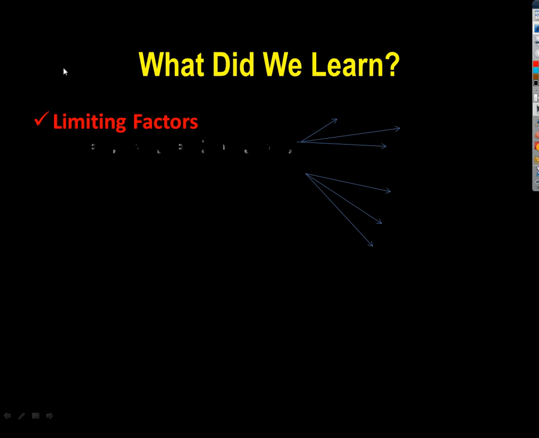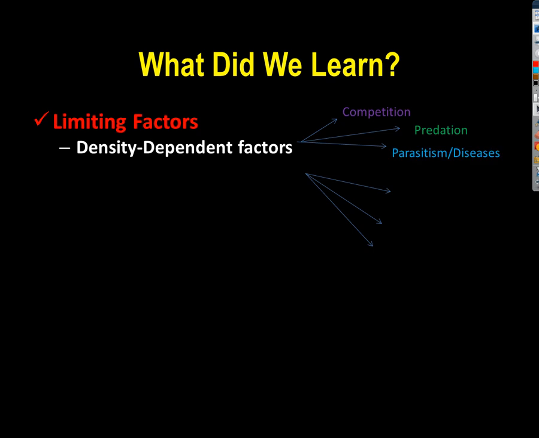So limiting factors could be either density dependent, like competition, predation, predator-prey relationships, and parasitism and disease. The spread of a parasite or a disease can definitely affect the growth of a population.